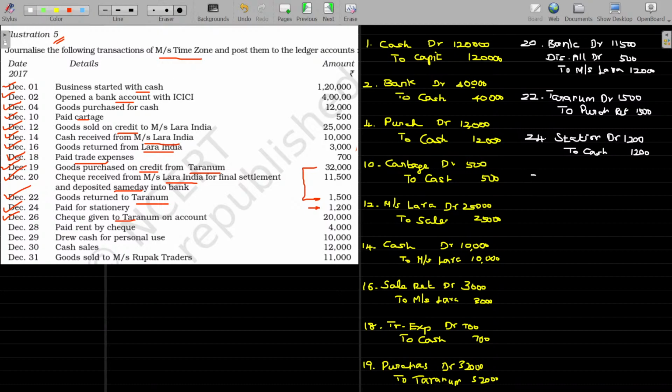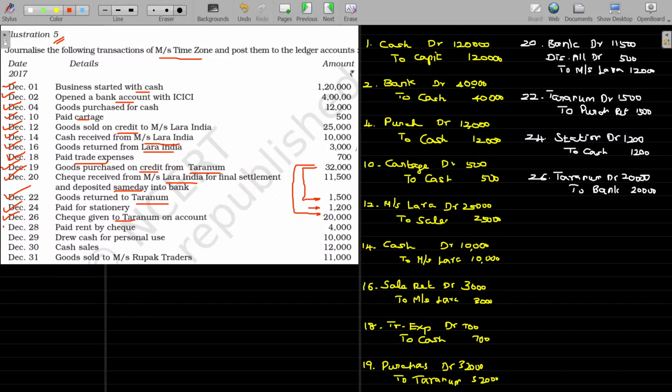On 26th, Taranam account debit. The amount of settlement here being 20,000 by way of check. So I have to credit the bank account here 20,000. Out of 32,000 rupees, 20,000 rupees is now paid by way of check.